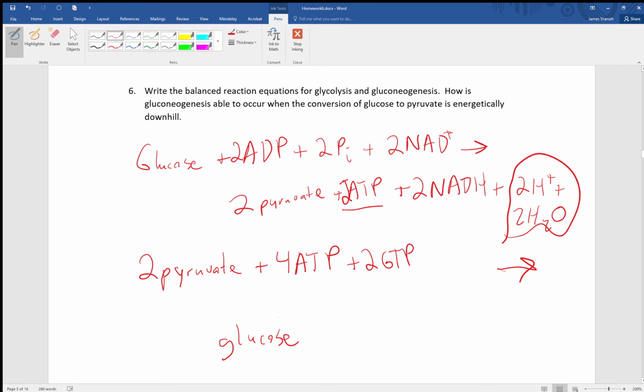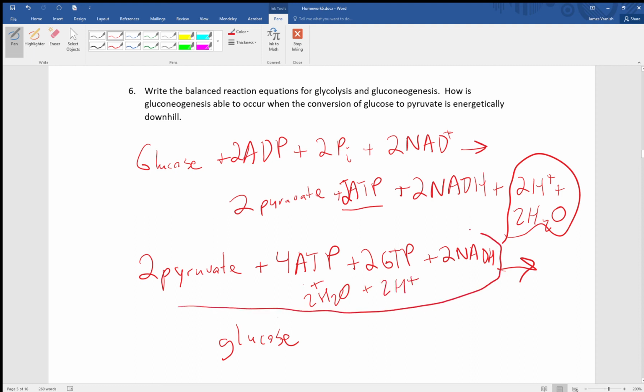All right, so that is all energy that we're putting into the system. And we're still going to use the NADHs. And if you wanted to, you could throw in the water and the protons. These are all reactants for gluconeogenesis.